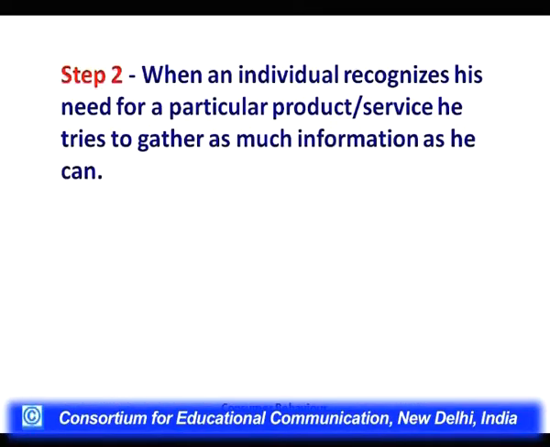The second step: when an individual recognizes his need for a particular product, he tries to gather as much information as he can. The second step in the entire process is information gathering.